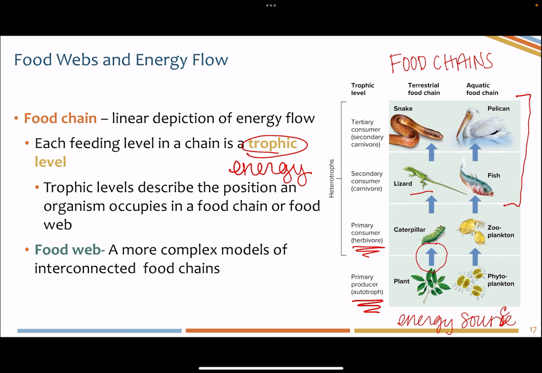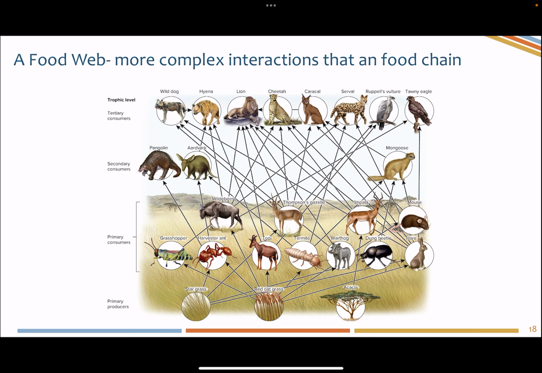So this is where a food web comes in. A food web is a more complex model of interconnected food chains. With food webs, we overlay multiple food chains and we can get a more complex idea of the interactions happening with respect to energy.